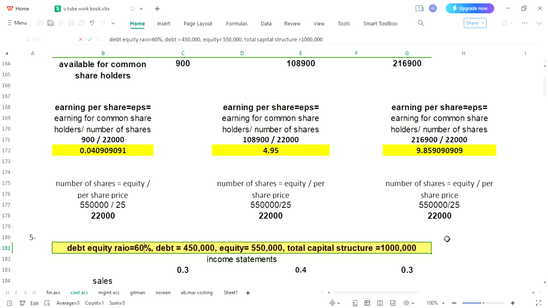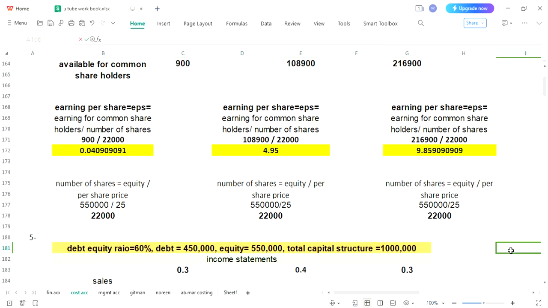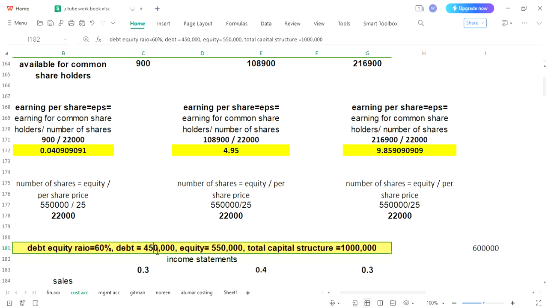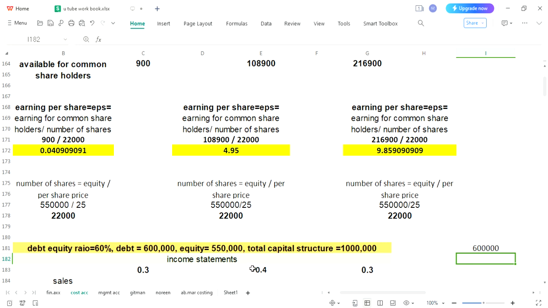Let's calculate the amount of debt over here. As you know, our total capital structure was 1 million, and you will calculate 60% to know how much the amount of debt is. 6 lakh. Let's change it. It is now 6 lakh amount of debt. Then what would be the amount of equity? There are only two elements involved in the capital structure, equity and debt.